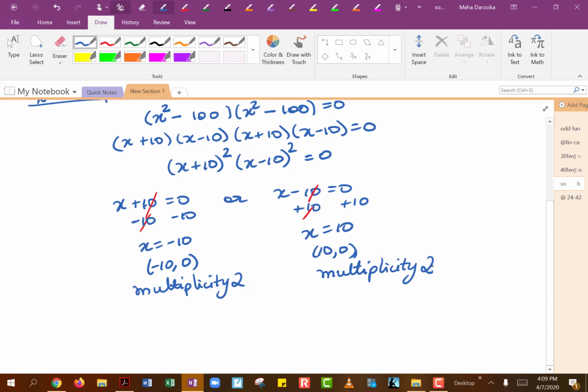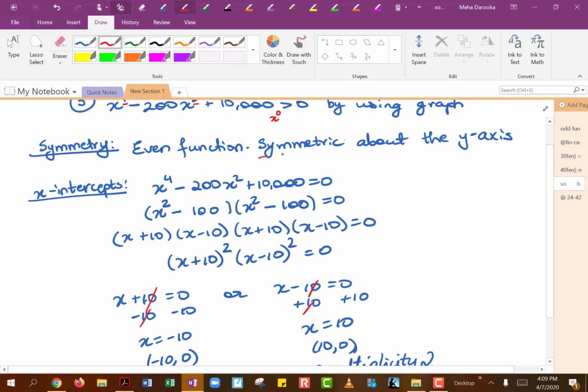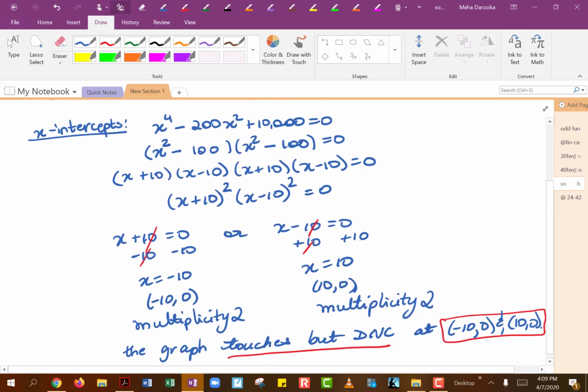Of course, if they have a multiplicity of 2, then our graph will touch but not cross. So the graph touches but does not cross at negative 10, 0, and at positive 10, 0, right? So symmetry about the y-axis, it touches but does not cross at both of these points.